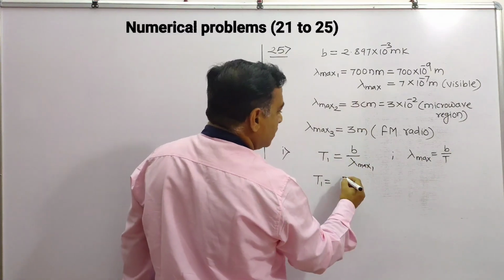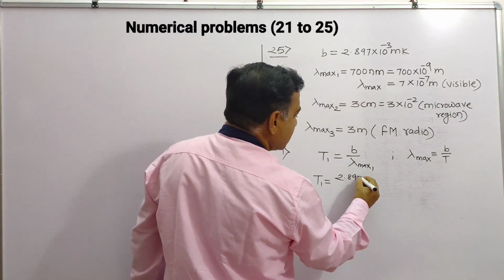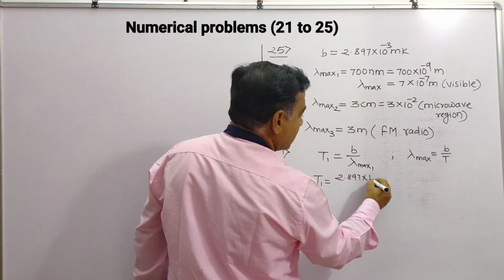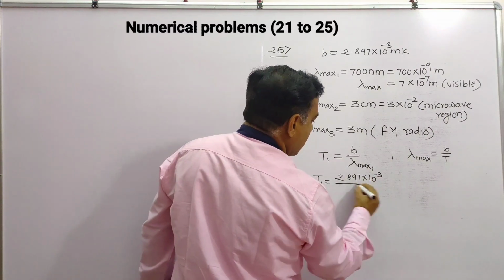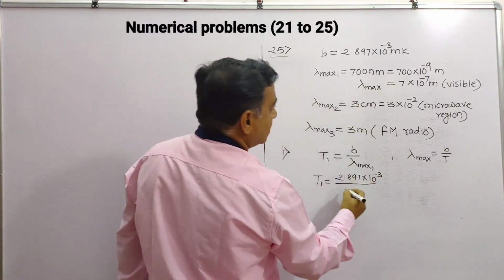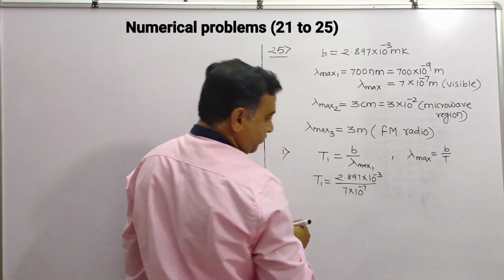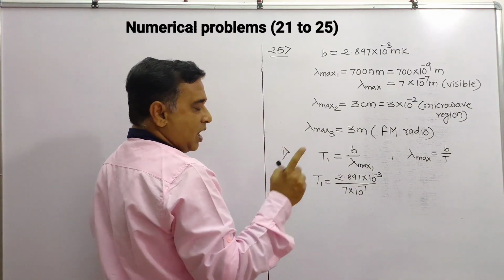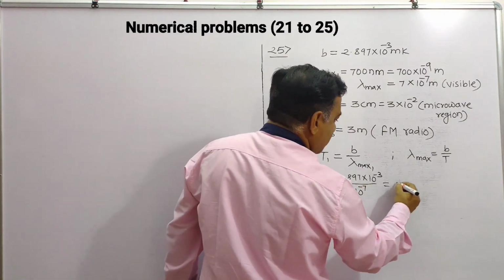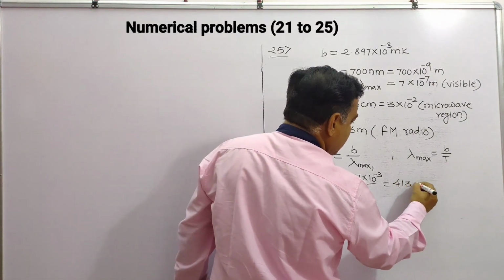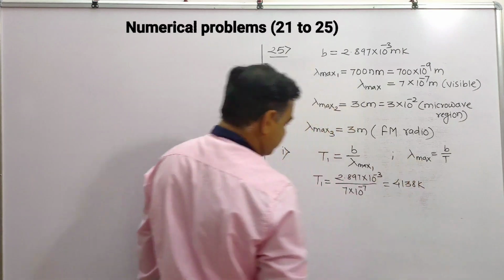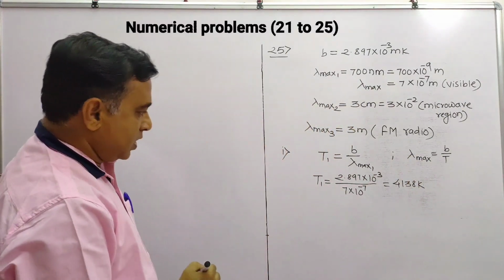Here it is the B value, 2.897 into 10 raised to power minus 3 upon lambda max 1, that is 7 into 10 raised to power minus 7. After solving this, I get the answer 4138 Kelvin for the first.